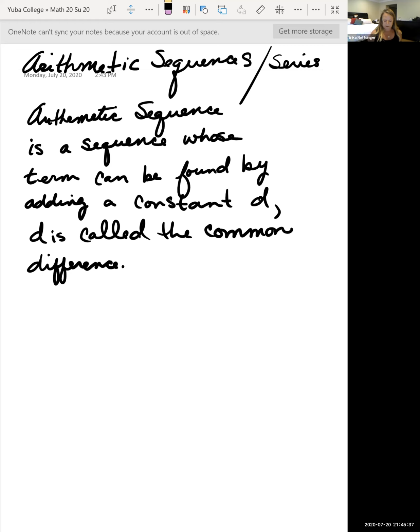Okay, basically what this is saying is I can get any term if I know the term before it. So I can represent the term before a sub n as a sub n minus 1. Knowing that term and adding that constant, some constant is always going to be the same constant d.